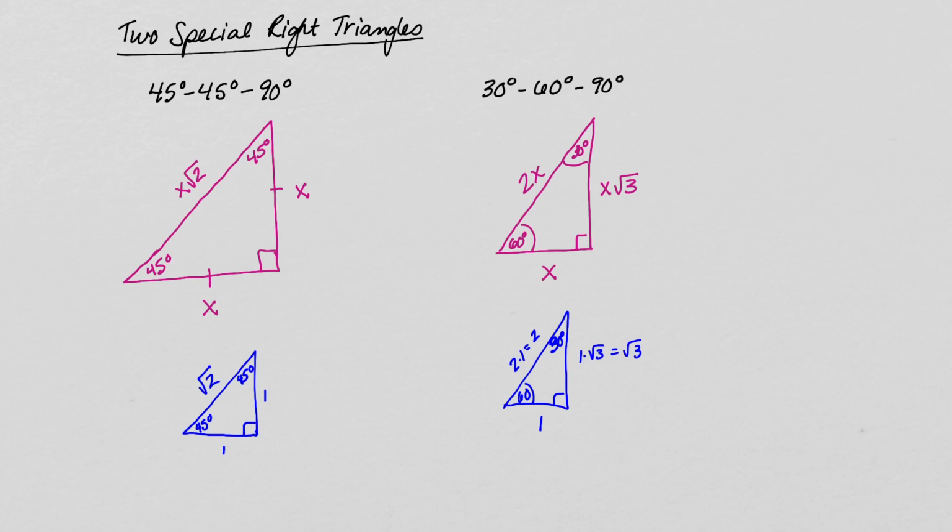Questions? Yeah, across from the smallest angle, the 30 degrees, is always where the 1 goes. Other questions?